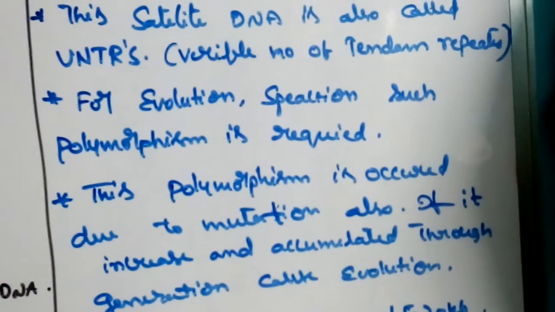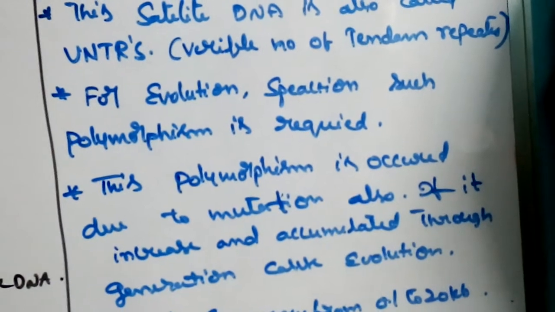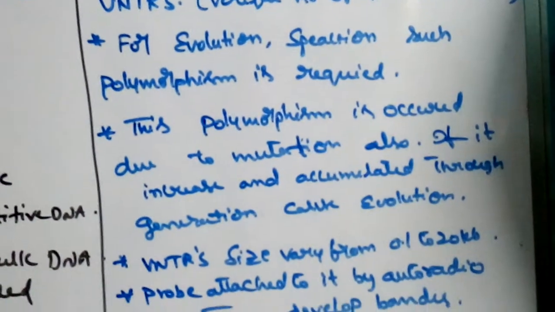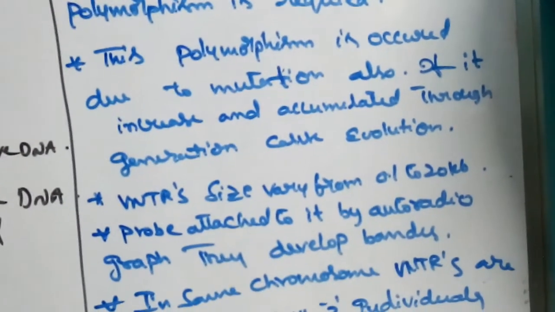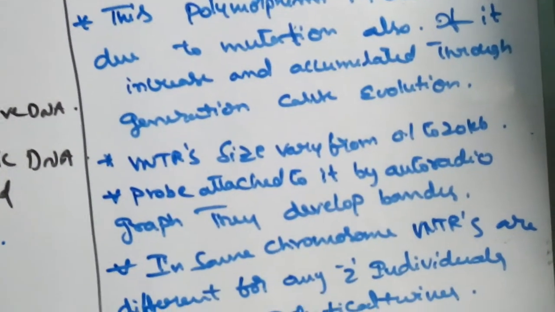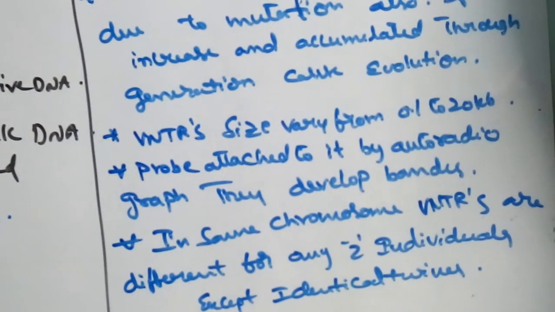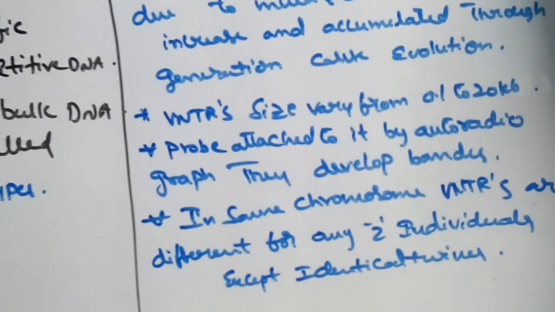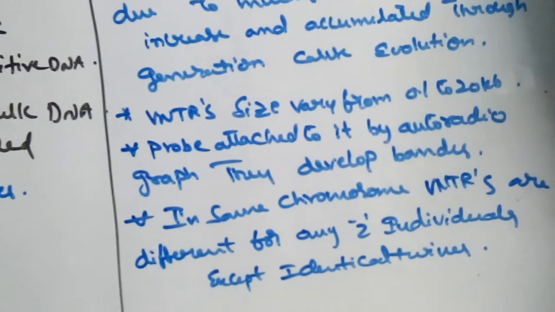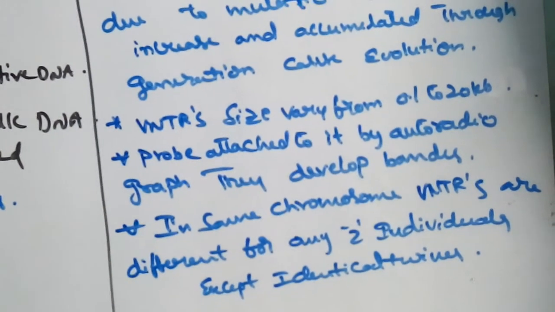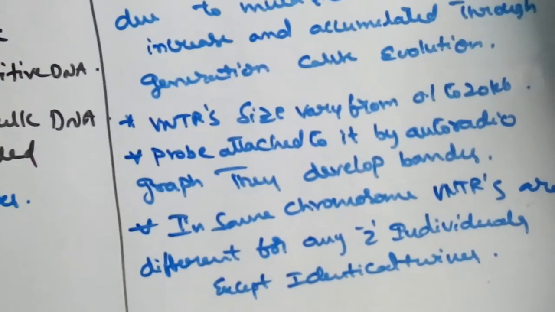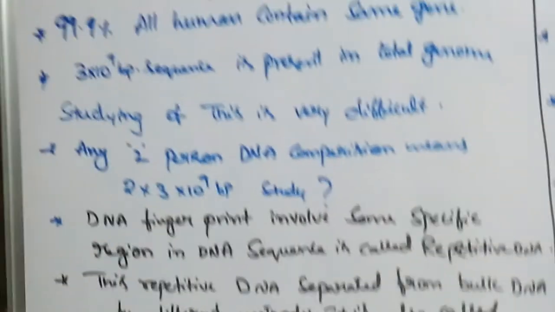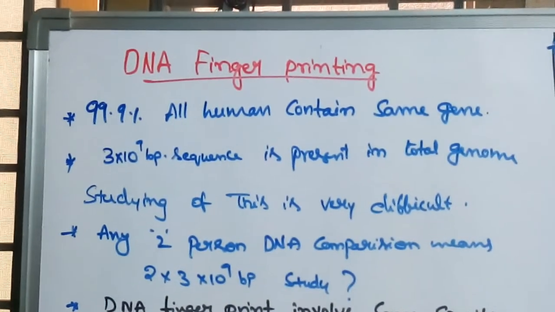It takes place only if it is accumulated, not in just one generation. VNTR size varies from 0.1 to 20 kb. A probe is attached to these VNTRs and an autoradiograph is taken to develop the bands. These VNTRs are different between any two individuals, except identical twins. So this is the introduction to DNA fingerprint. How the DNA fingerprint is developed, we will study now.